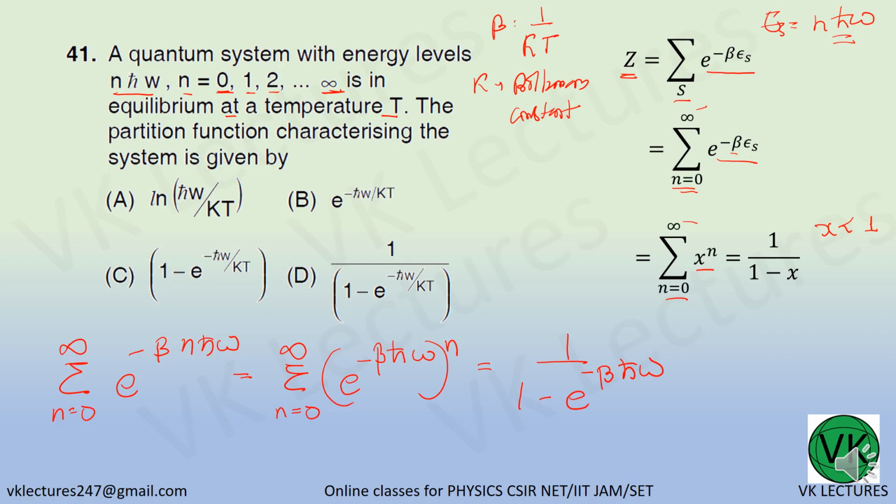Now just substitute what beta is, and you will arrive at your answer: 1 divided by 1 minus e power minus h cross omega by kT. This is the partition function. So your correct option is option D. Please remember this: the sum over x power n from n equals 0 to infinity is 1 divided by 1 minus x.